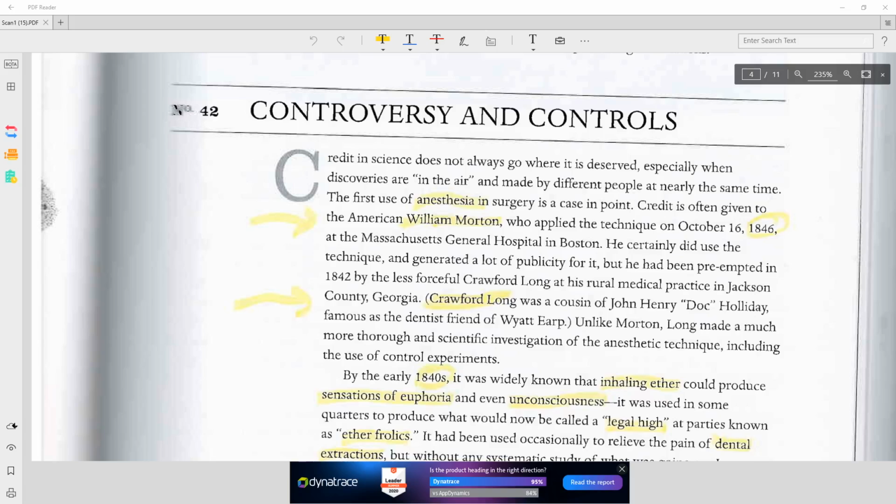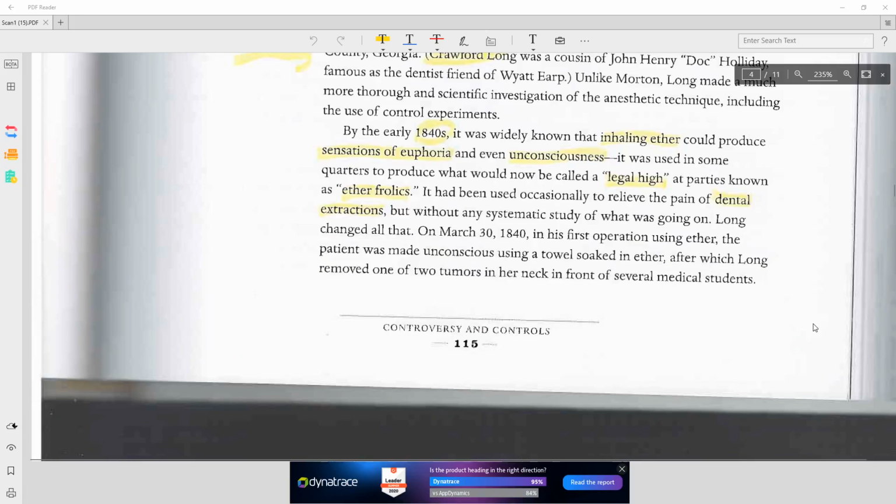By the early 1840s, it was widely known that inhaling ether could produce sensations of euphoria and even unconsciousness. It was used in some quarters to produce what would now be called a legal high at parties known as ether frolics. It had been used occasionally to relieve the pain of dental extractions, but without any systematic study of what was going on.